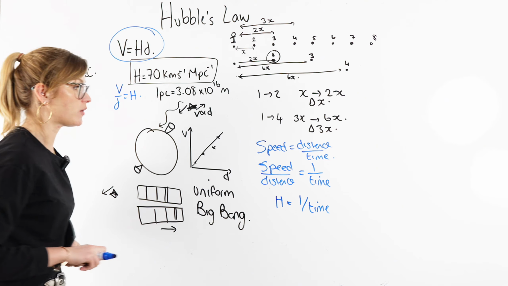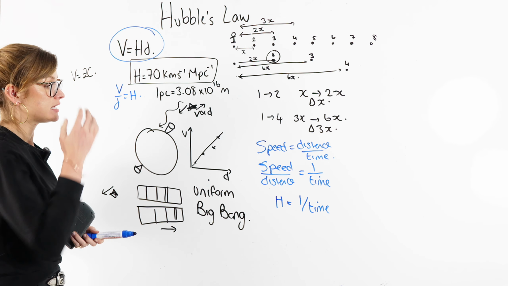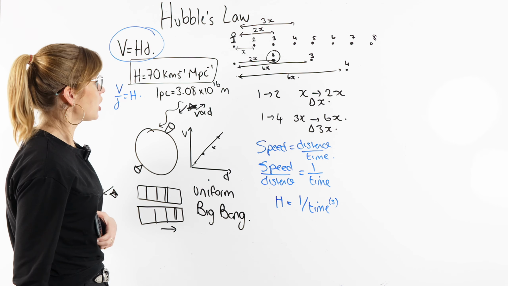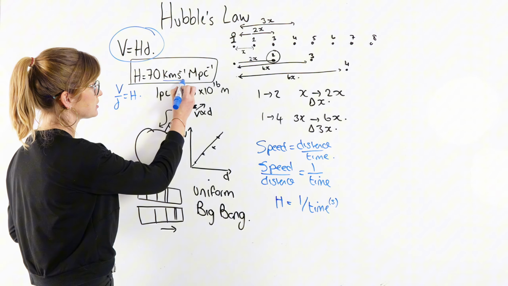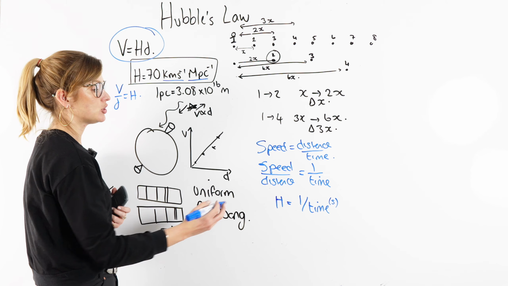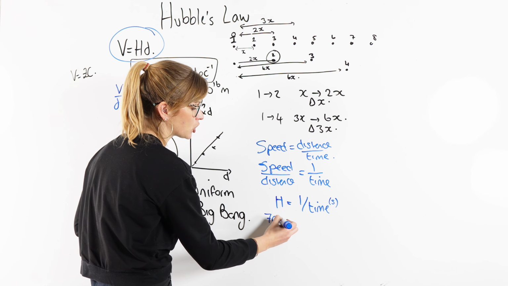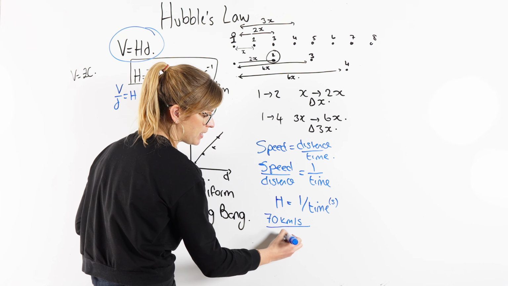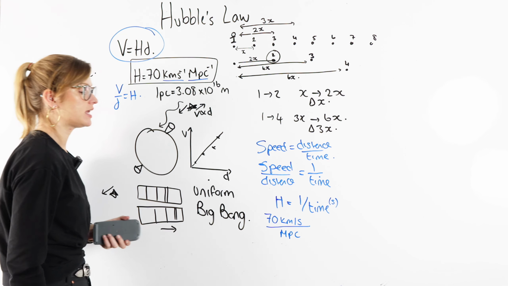Okay, so now I want to figure out what the age of the universe is. Time, I want to always be in seconds, right? Hubble's constant is in kilometers per second per megaparsec, so it's 70 kilometers per second per megaparsec.